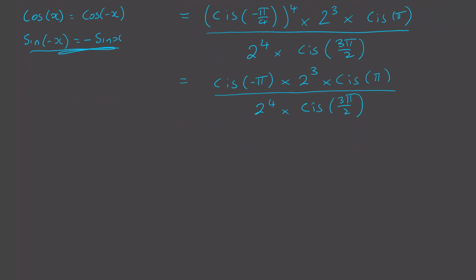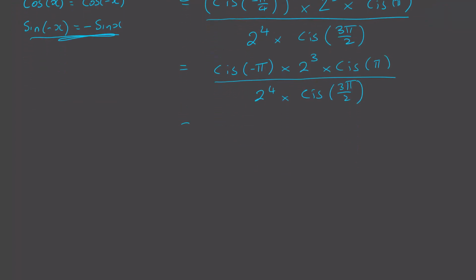Okay. Well, cis negative pi and cis pi are the same. They're just over here. And therefore, they are negative 1. So this one and this one give me negative 1 times negative 1. So that is just 2 cubed on top. And on the bottom, we've got 2 to the 4, cis 3 pi by 2.